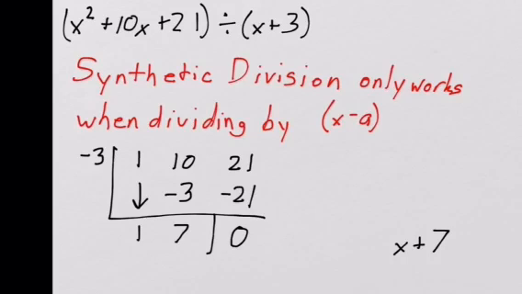long division. There is one thing that we do have to deal with special with synthetic division that we kind of had to deal with in long division, but you don't notice it as much.